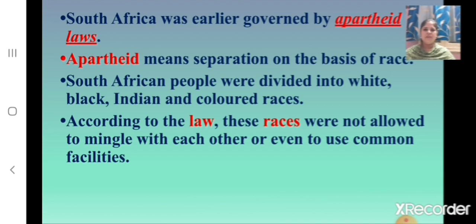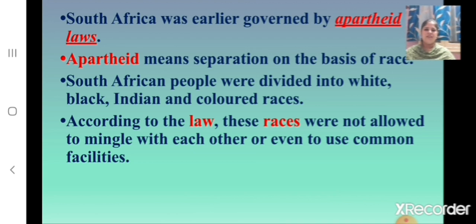Children, what do you mean by apartheid? Apartheid means separation on the basis of races. That means the South African people were divided into white, black, Indian and colored races. And according to the law, these races were not allowed to mingle with each other or even to use common facilities.